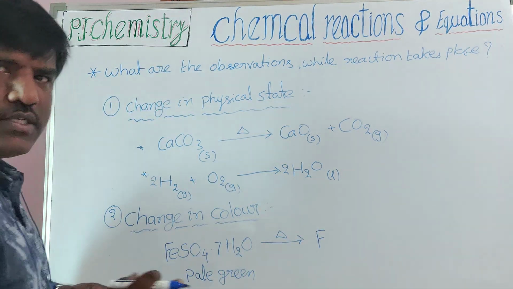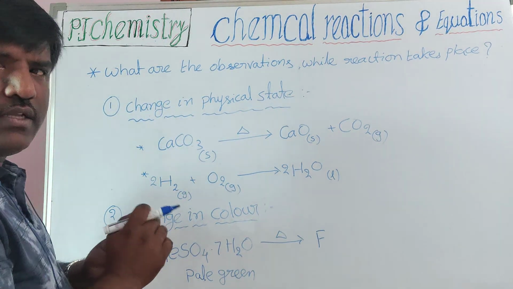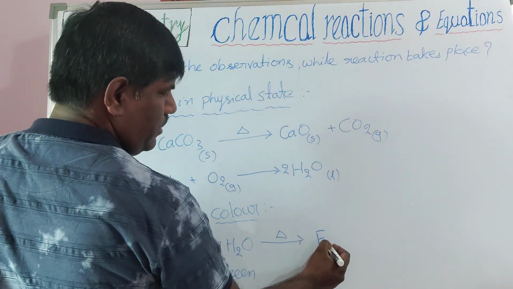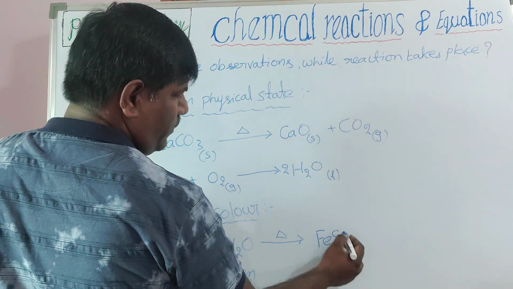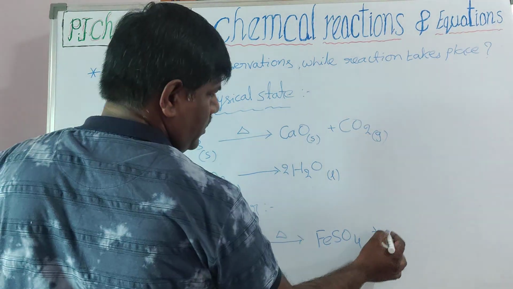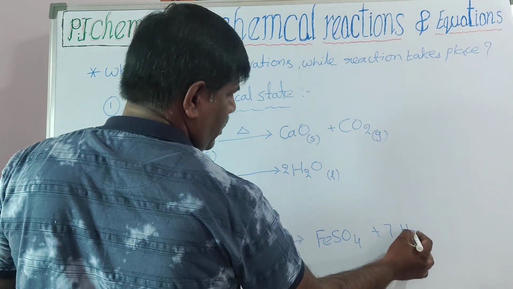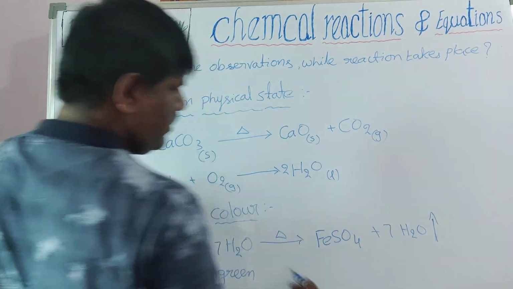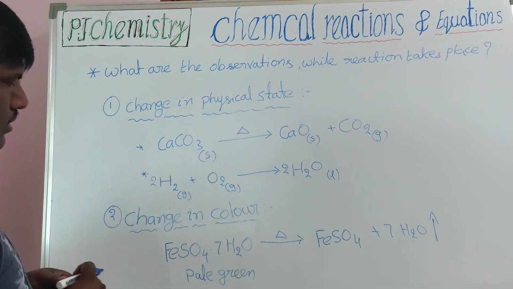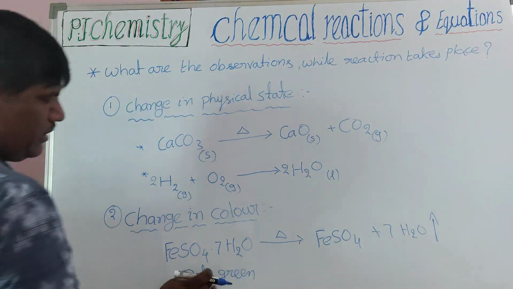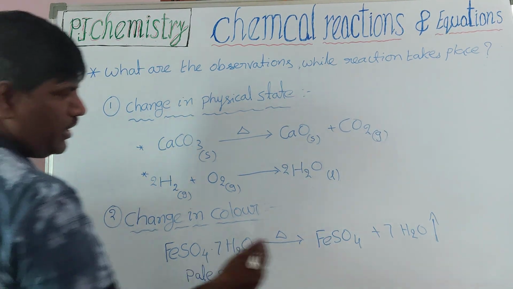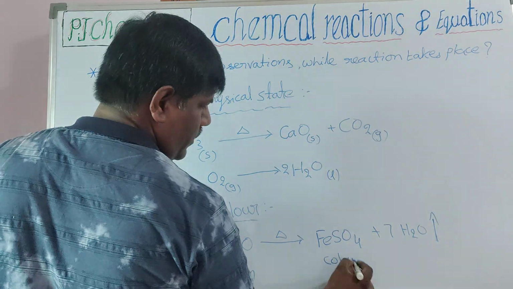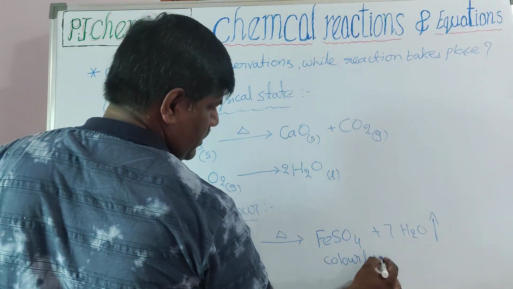I will write a two-step reaction: first under normal heat, then strong heat. First, normal heat: FeSO4 plus 7H2O molecules getting evaporated in gaseous state. Now this pale green or dirty green becomes colorless here.